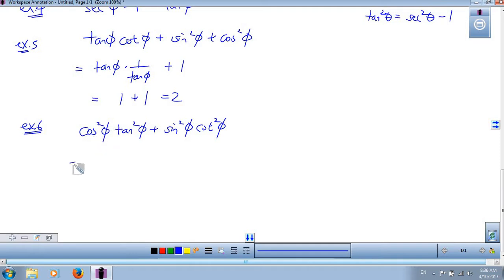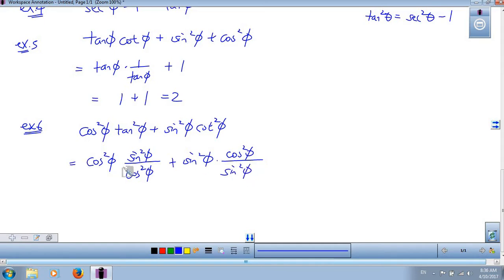Cosine square and tangent square are not related using Pythagorean identity. But cosine and tangent are related, because tangent is sine over cosine. And sine is related to cotangent because cotangent is cosine over sine.